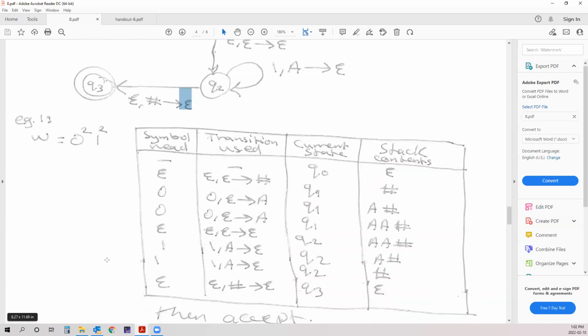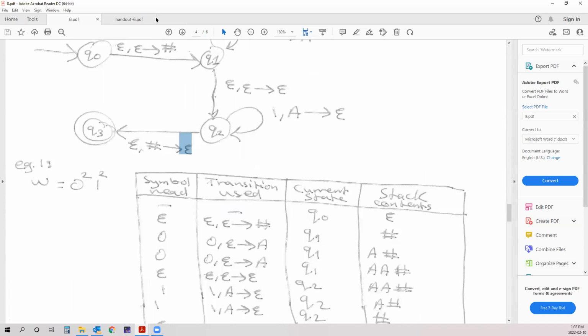So for example, if we have 0 to the power 2, 1 to the power 2, which is 0, 0, 1, 1. At the beginning, we start at the q0 node. We will have epsilon, and we push the hash sign to the stack, based on this step.